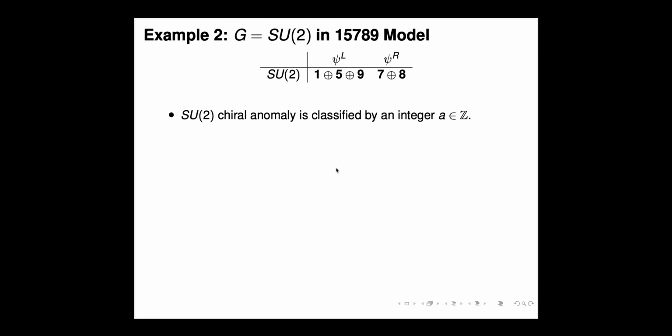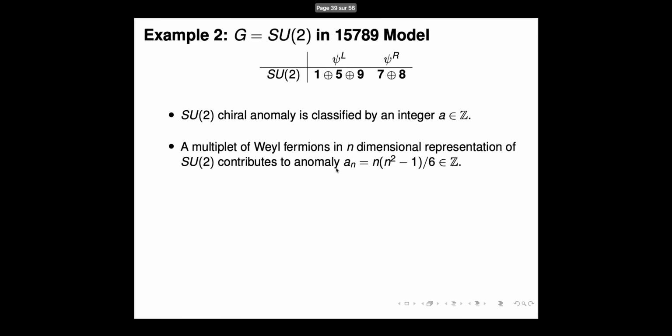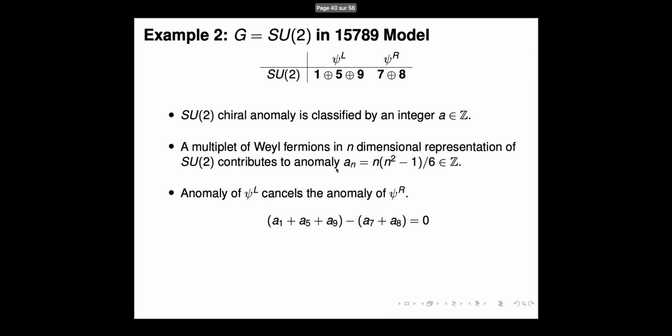The SU(2) anomaly is classified by an integer, so let's call it A. The anomaly of a Weyl fermion transforming under SU(2) in the n-dimensional representation is given by this formula: n times (n squared minus 1) over 6, and it's an integer.